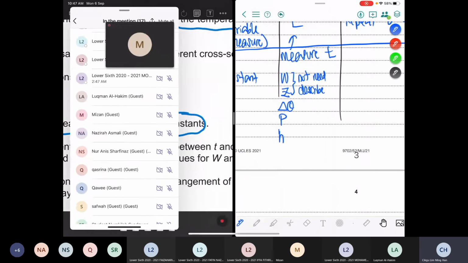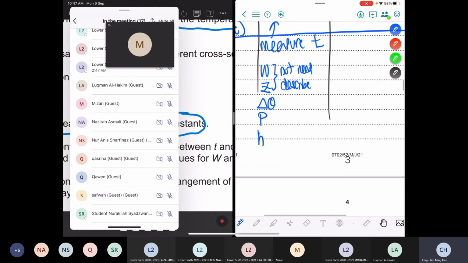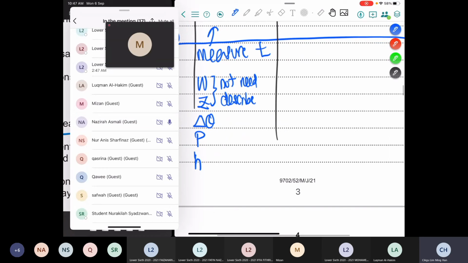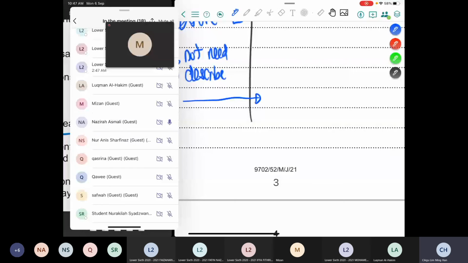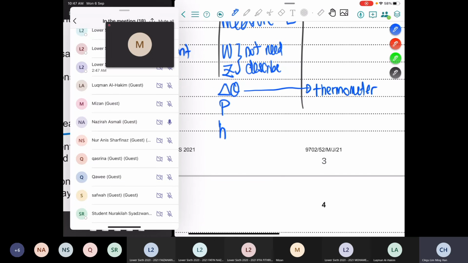After Mizan, we have Nazira. Yes, Nazira, are you there? Yes, sir. Can you tell me what is the instrument you use to measure delta theta? Thermometer. Alright. What about power?